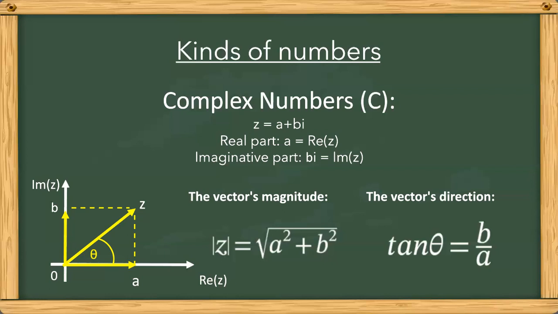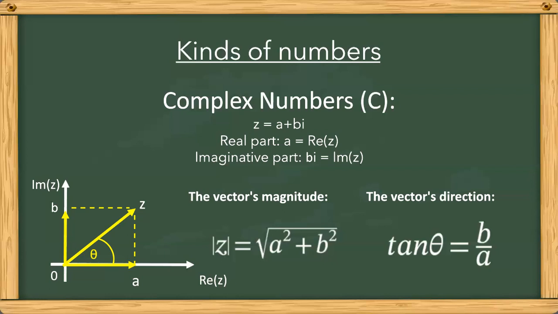So the vector that represents the complex number Z has a magnitude which is equal to the square root of a squared plus b squared.